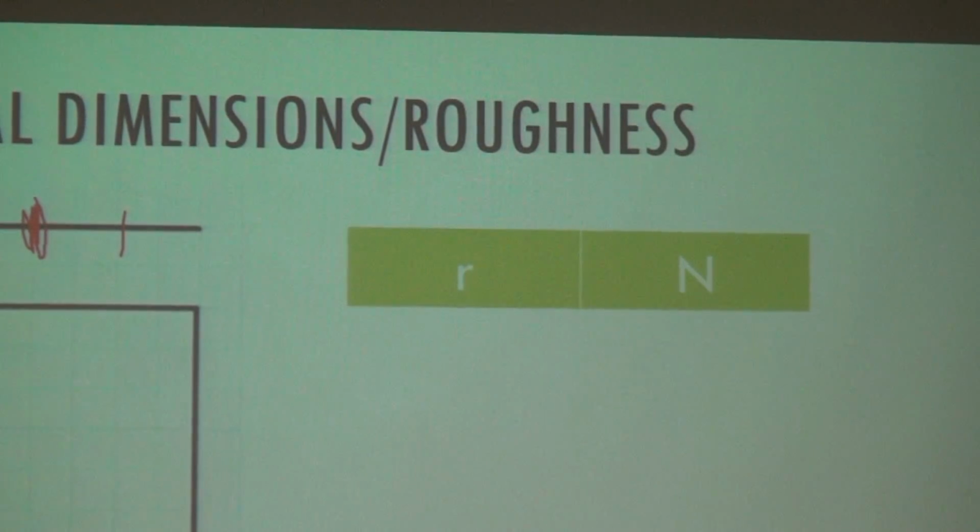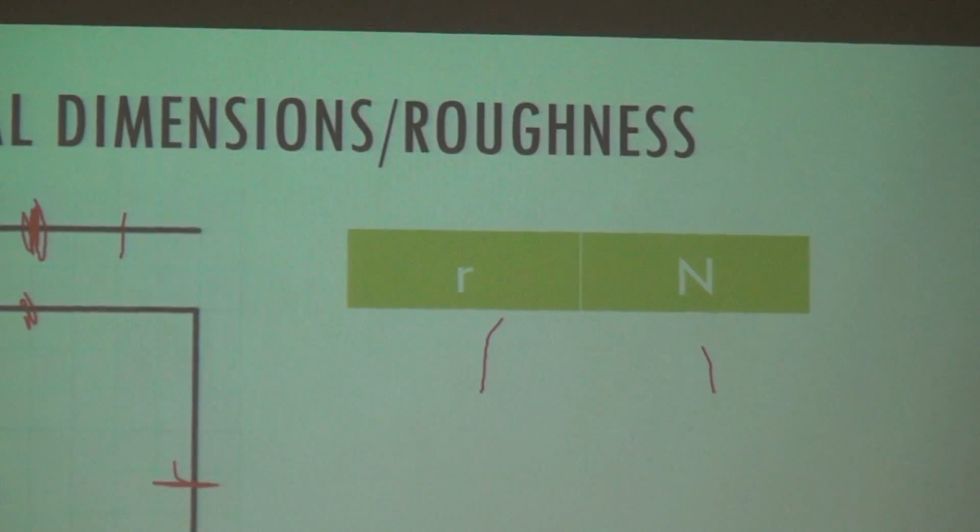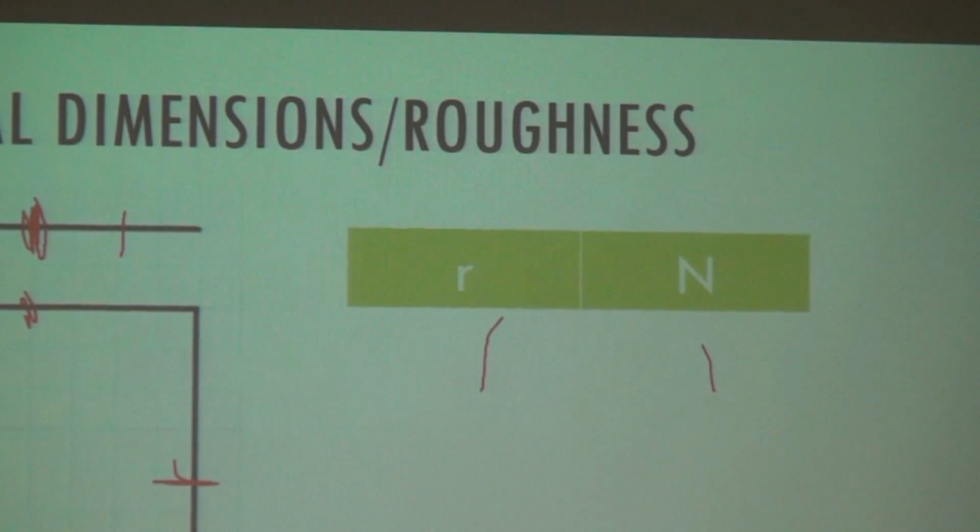Next, let's move on to the second dimension. Again, for the first R without cutting, we have 1, and the number of squares N we have is also 1. Now I cut, for every side, I divide it into 2, into half. So I cut it here, here, here, here. Okay, I cut it. Okay, so my R is 1/2, and my N, how many squares?